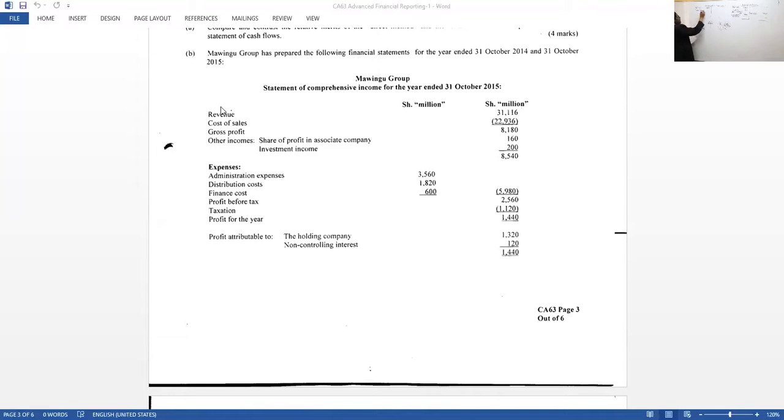Don't forget, we said that last time: with any profit share, you increase your entitlement by debiting that amount. I can't see any other information concerning the associate, so we carry down the balance. According to the balance sheet this year, we are carrying down an amount of 520.